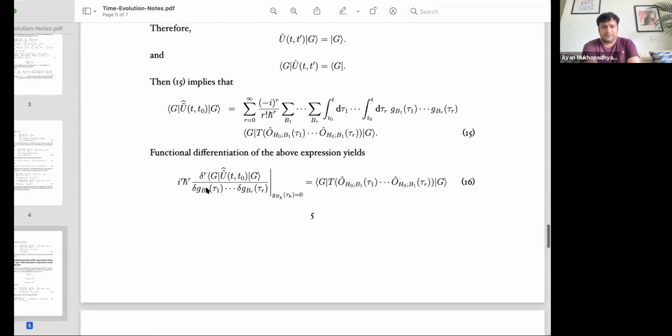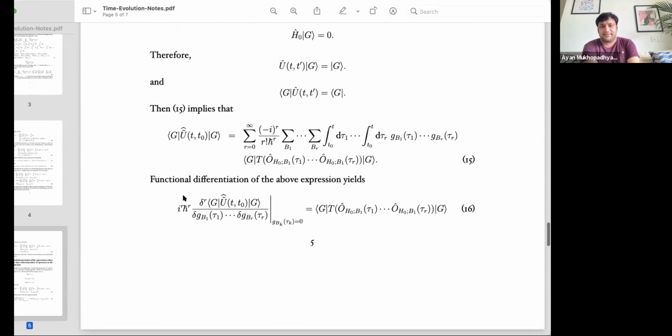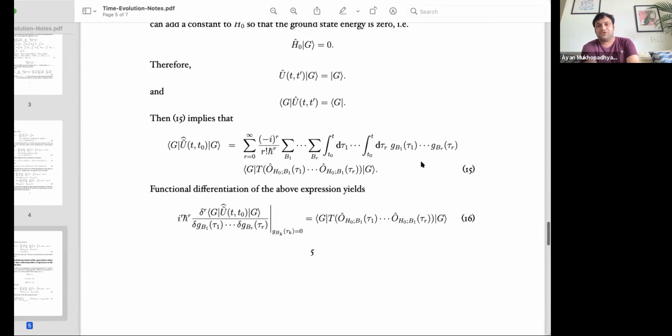So now you see there is a very nice physical interpretation of the time-ordered correlation function. The ground state expectation value of the time-ordered correlation function is that you first evolve the ground state using this new Hamiltonian. Let these be like delta functions, localized only at some specific time instance, and these are sources coupling to some specific operators.